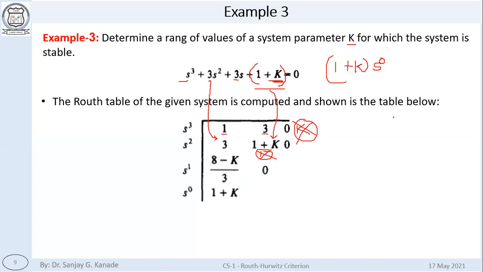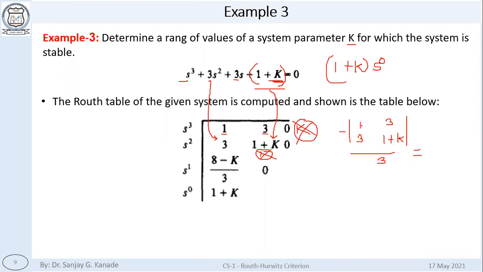And then you simply apply the same formula for calculating the Routh table, right? So the first determinant is this one, 1, 3, 3, 1 plus k divided by 3, and okay. So this is how the array will come out.